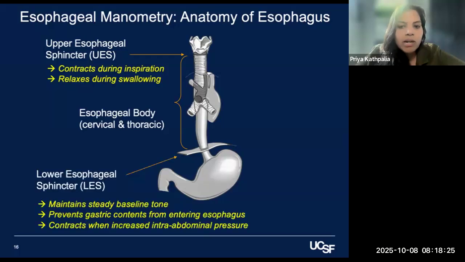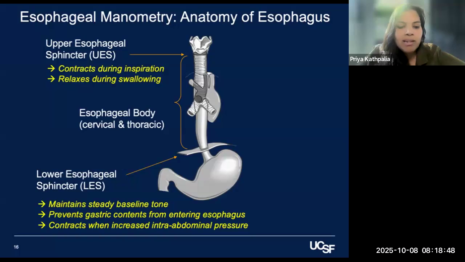And then we have the lower esophageal sphincter, which maintains a steady baseline tone of around 20 millimeters of mercury to prevent gastric contents from entering the esophagus. The LES also contracts during periods of increased intra-abdominal pressure to try to prevent reflux from occurring due to pressure buildup in the abdomen.